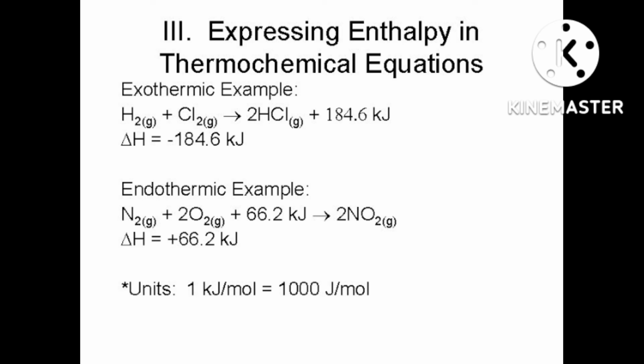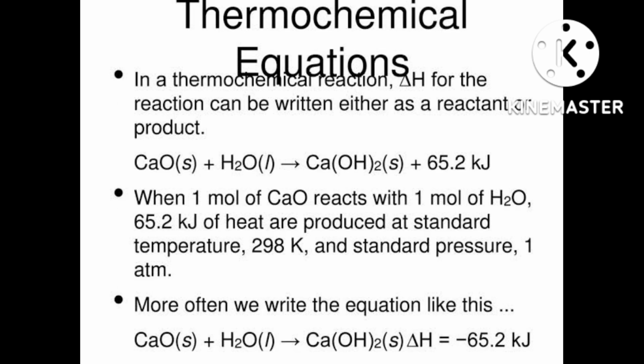In the beginning it will seem hard to remember, but as you solve numericals, things get repeated and you will remember. The heat of formation of Fe2O3, solid, is minus 824.2 kilojoule per mole.